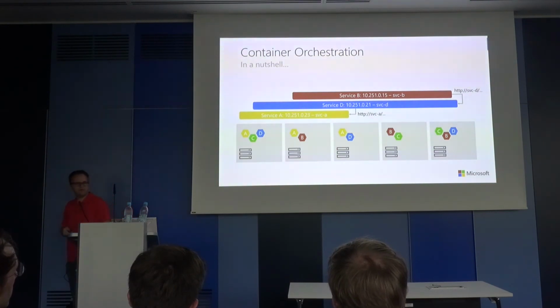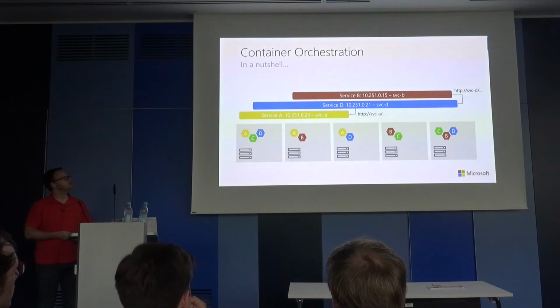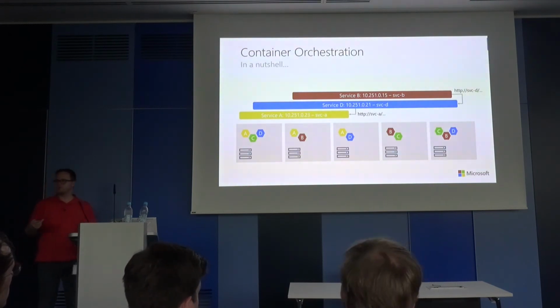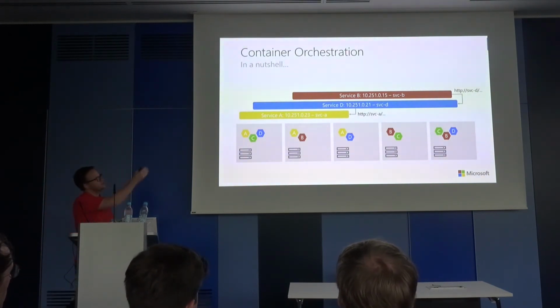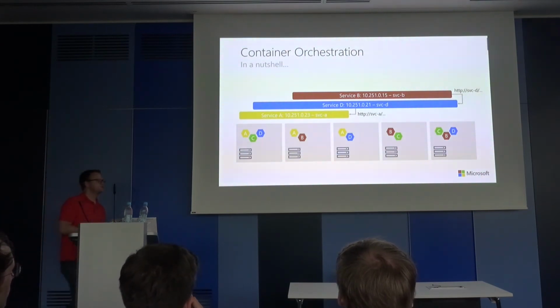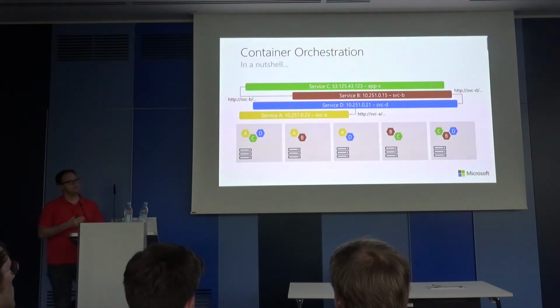And we want to be able to do that for multiple services, of course, and we want to be able to link them together. But we also want to be able to expose applications to the outside world. Up until now, it's all private IP addresses. This is not something that you can call from outside the cluster. So we'll need a way to expose our application to the outside world.